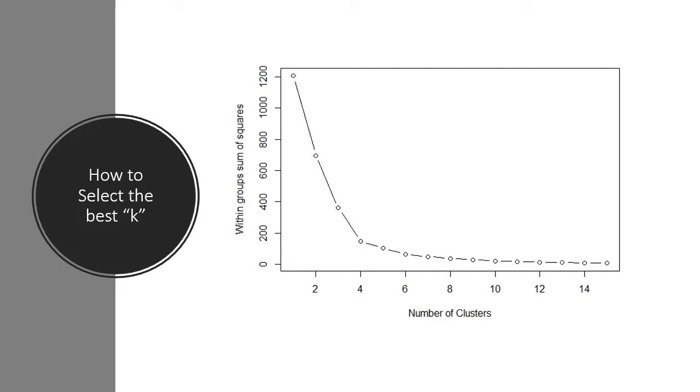When you graph this, you have to find the elbow point, which is basically where the graph starts to tail and curve out a little bit. As you can see, the elbow point here is 4, which means 4 is the optimal k in this example.